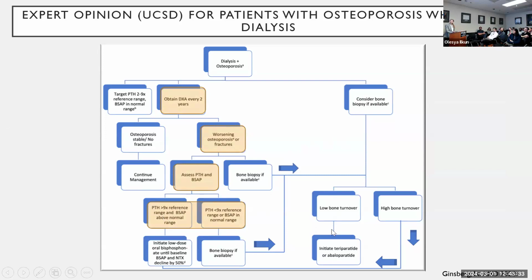If inconclusive, they go for kidney biopsy, which is available at their center. And they do initiate this low-dose oral bisphosphonate, so alendronate, and apparently they have good success. I don't know if it will become standard practice or not. I have a feeling that the KDIGO guidelines from 2017 will be updated sometime soon. I don't have exciting information.